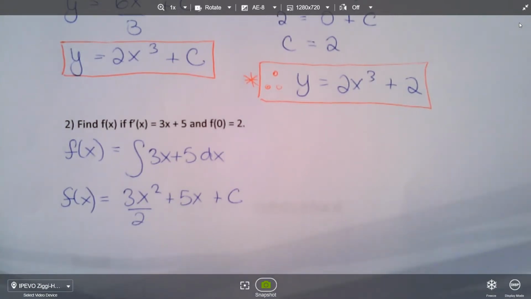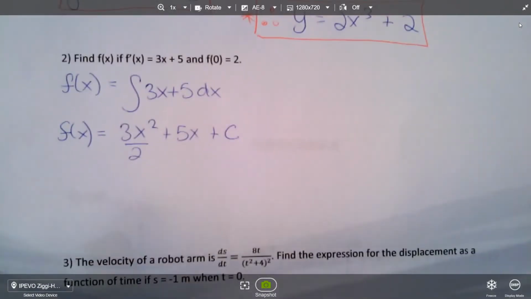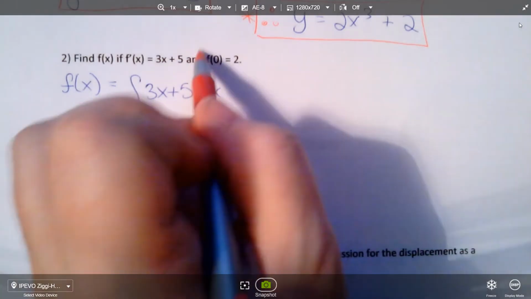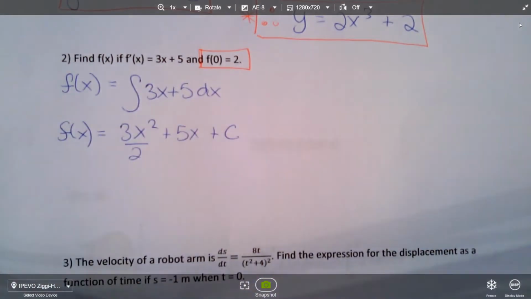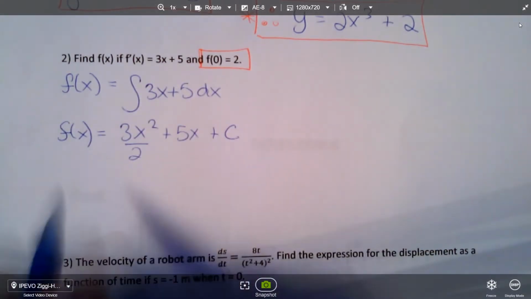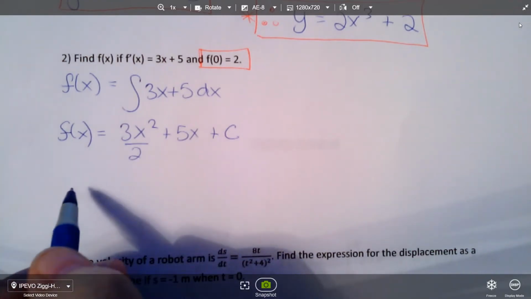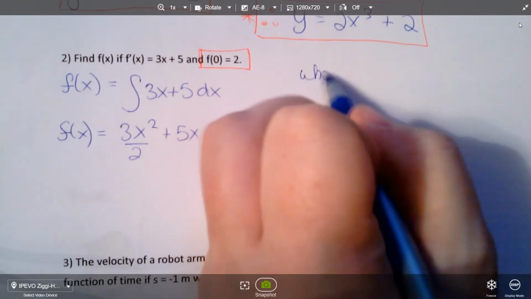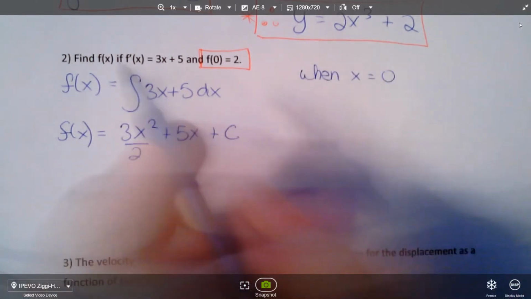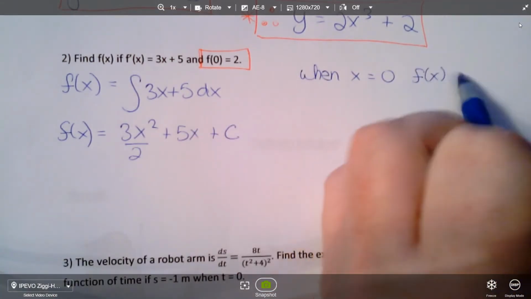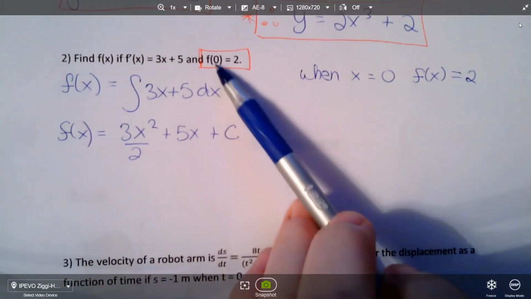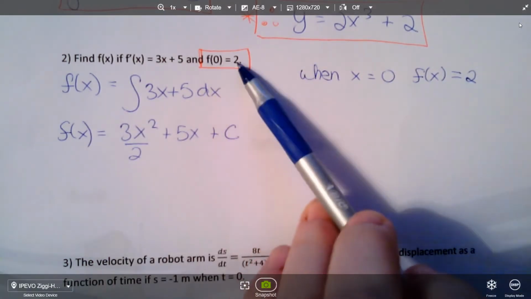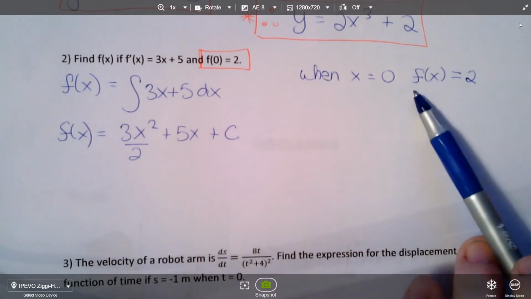But again, I actually want to find the full function, which in this case I can because I have more information. So if I take that one step further and say, when x is 0, f(x) is 2, which is what that means. This means when x is 0, f(x) is 2. So that's what I have.